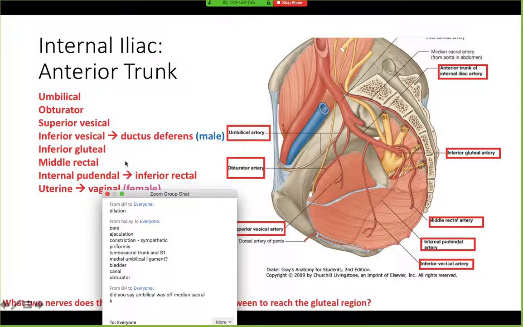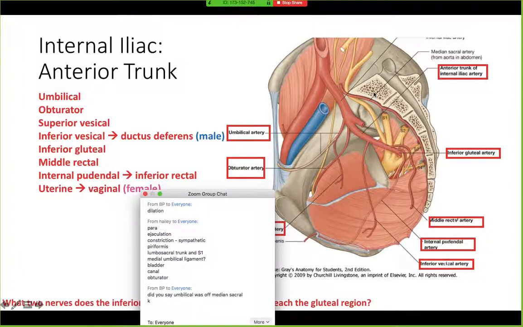And then you also have an inferior gluteal, a middle rectal, an internal pudendal, and then in the female, so not shown here because we're looking at the male vasculature, the female is also going to have a uterine artery, which typically the vaginal artery will branch from.